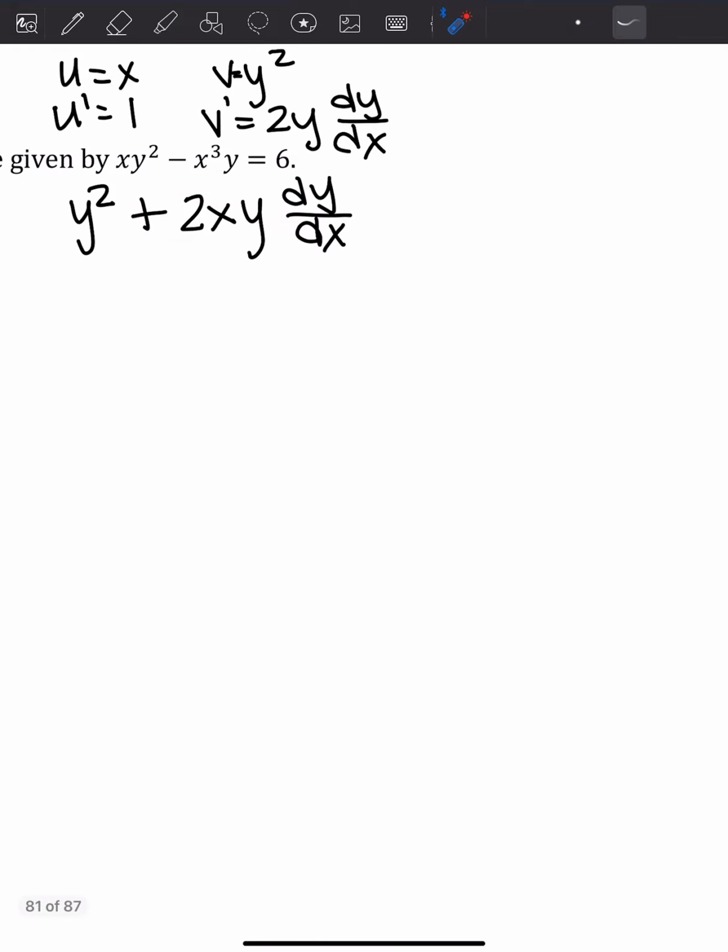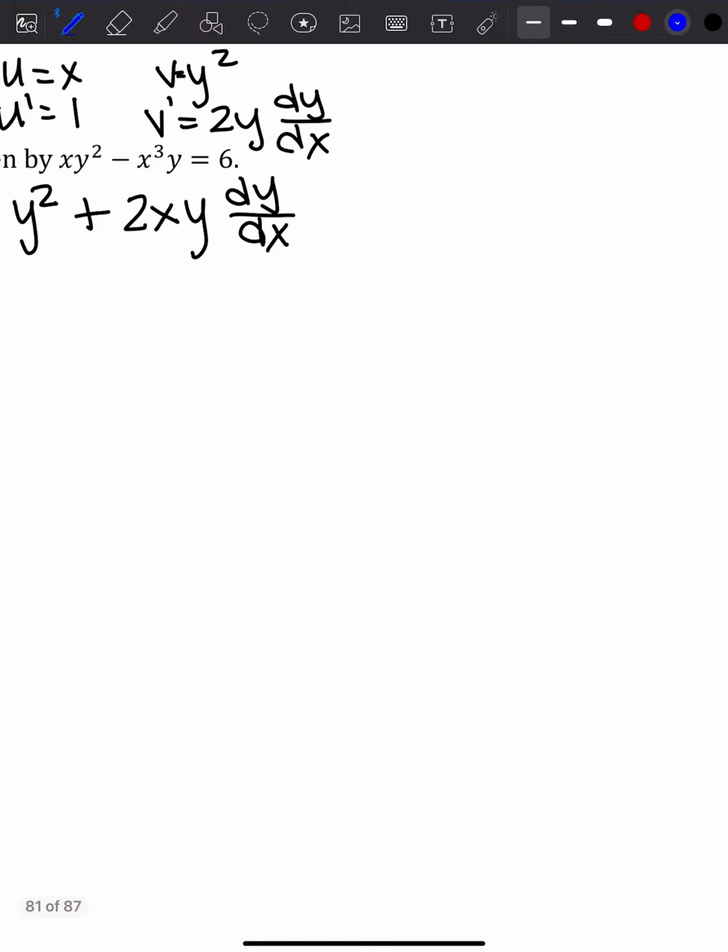Our next part here, we have the derivative of negative x cubed times y. So this is another product rule. So we're going to use u and v again. This time we have negative x cubed. Actually, for consistency, we are going to use f and g.